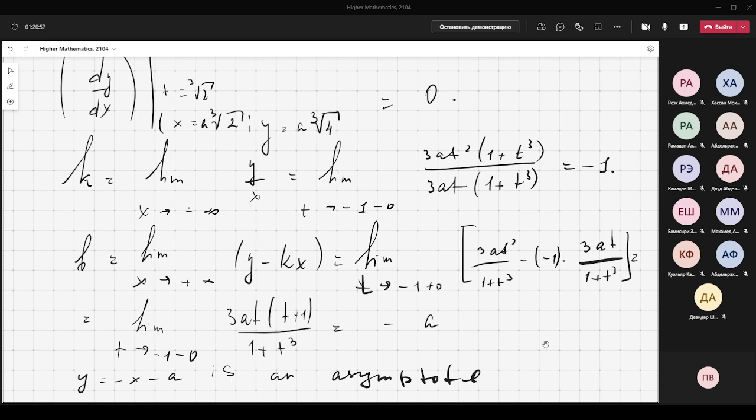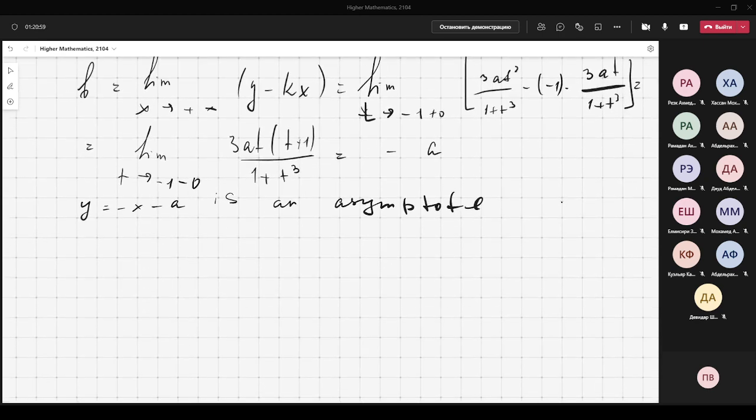Similarly, we find that this straight line is also an asymptote of a branch of the curve as x approaches minus infinity.